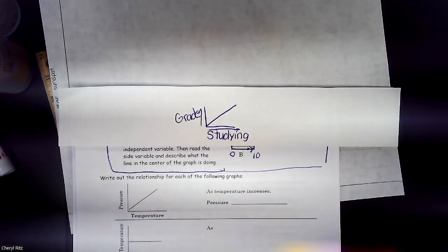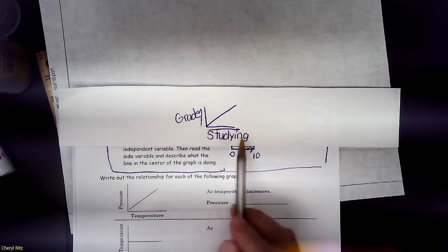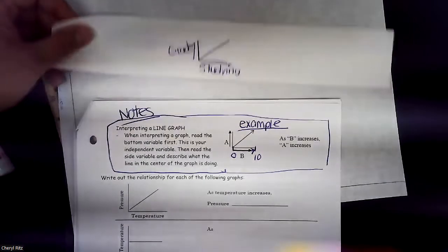The more you study, so as studying increases, grade increases. Now I know I just made this up because a lot of you know you can do just fine without studying previously. You might need to study this year, just saying. You already know how to read graphs. You just might not have done it in this same format before.